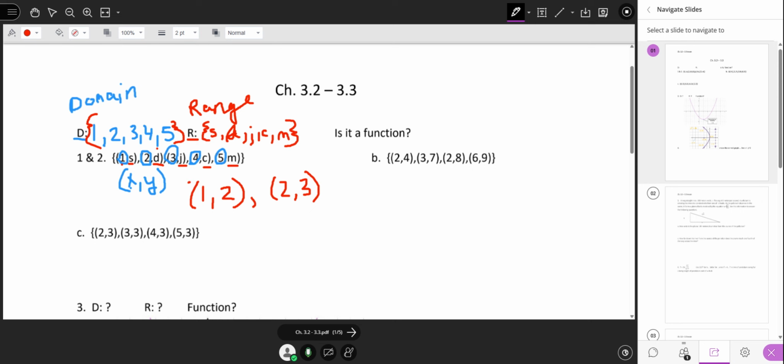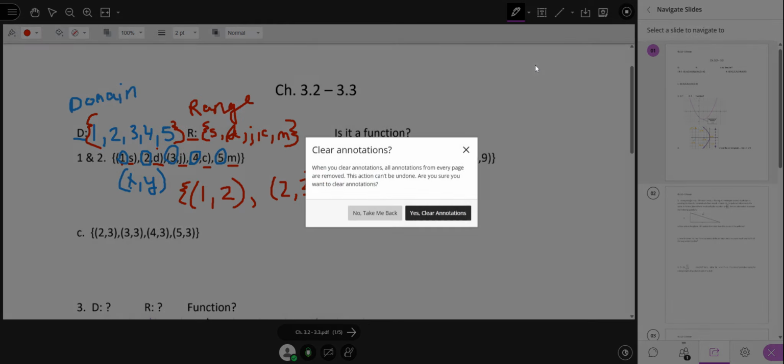Parentheses are also used when putting ordered pairs. Right. Curly braces are used when you're doing individual points. Good to know. Thank you.